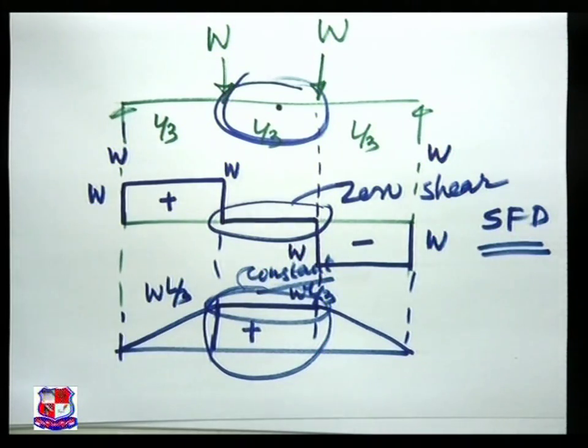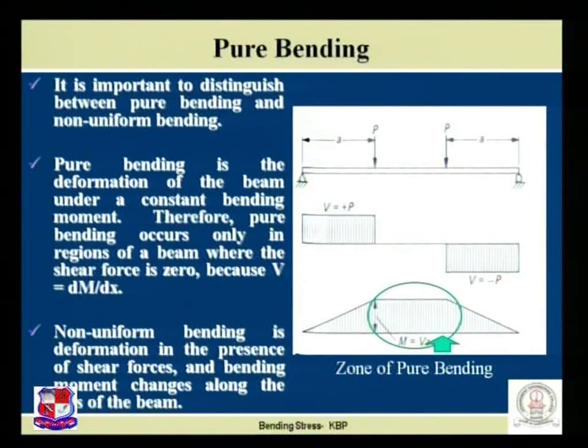Please refer to the figure in this PPT. Refer to this region, the zone of pure bending. This zone is referred to as under pure bending because the shear force is 0 in this region. Non-uniform bending is a deformation in the presence of shear force, where the bending moment changes along the axis of the beam.